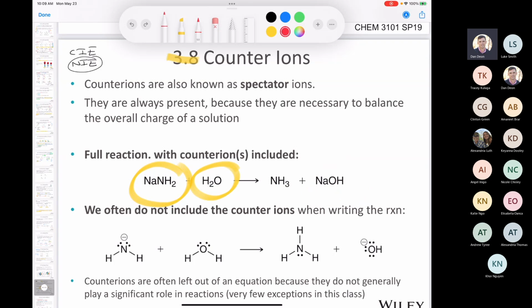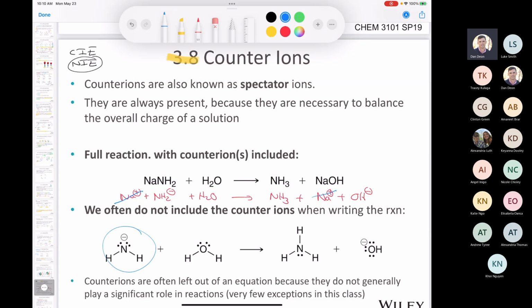So if you write out everything in its ionic form, you would write out Na+ NH2- plus H2O produces ammonia plus Na+ hydroxide. Well, what didn't change on both sides? The only thing that never changed was the Na+, and so that is our counterion or our spectator ion, and we like to just leave it out.